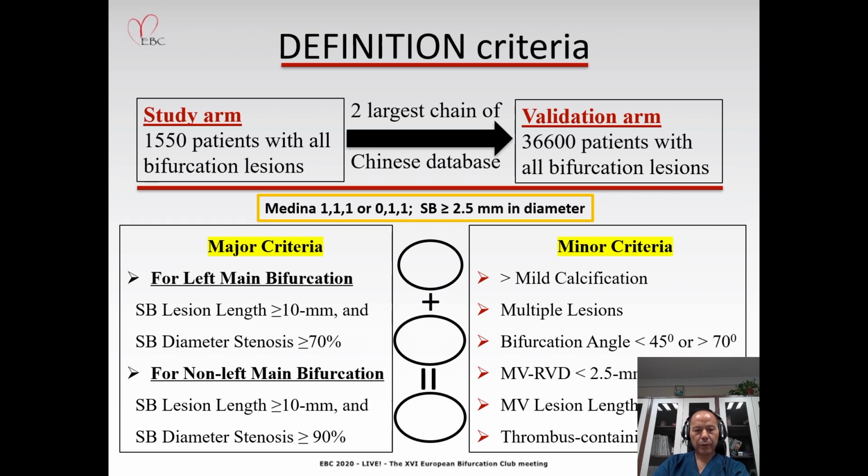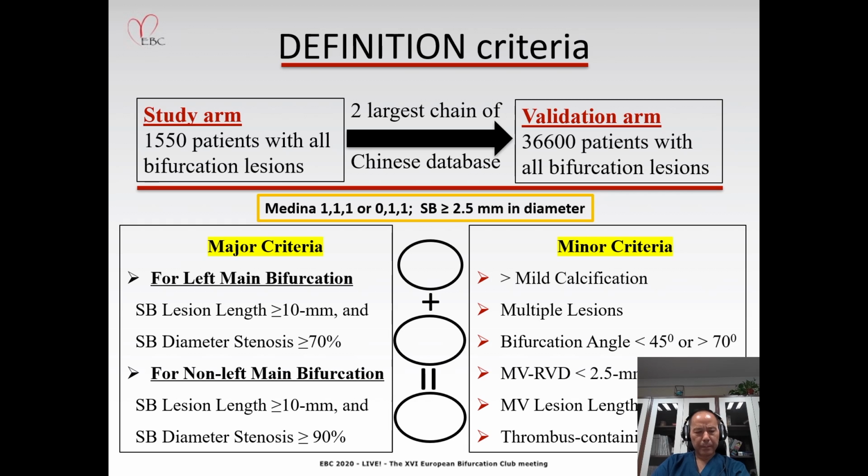Finally, for Medina 111 and 011, 2 kinds of bifurcation lesion with side branch diameter minimal 2.5 mm, we created 2 major criteria, either for distal left main or non-left main bifurcation lesion. Also, we provided 6 minor criteria.